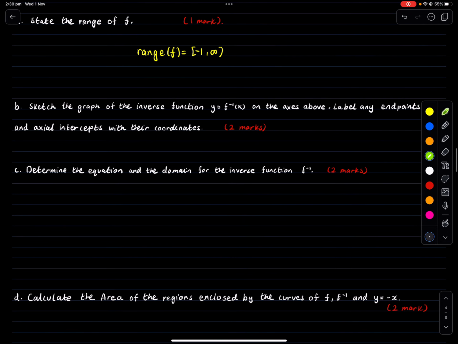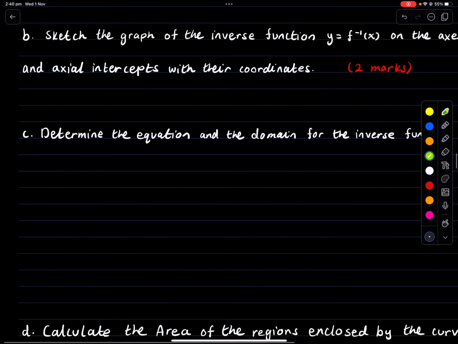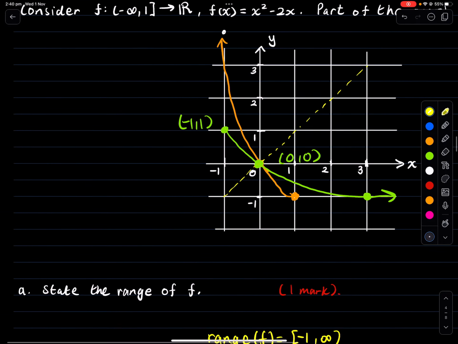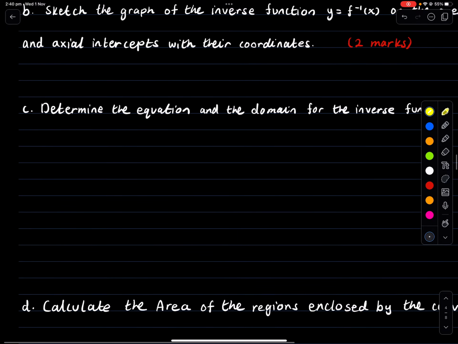2 marks. Okay, so part C says determine the equation and the domain of the inverse of f. We have f already in terms of x, so we can just interchange x and y.